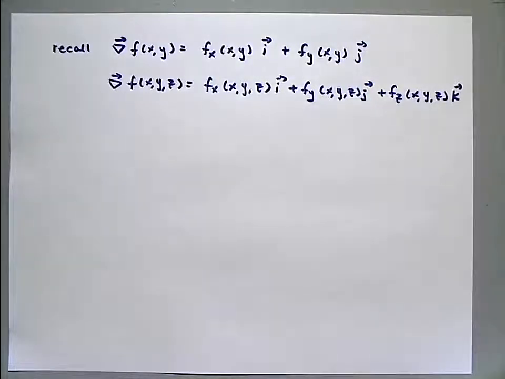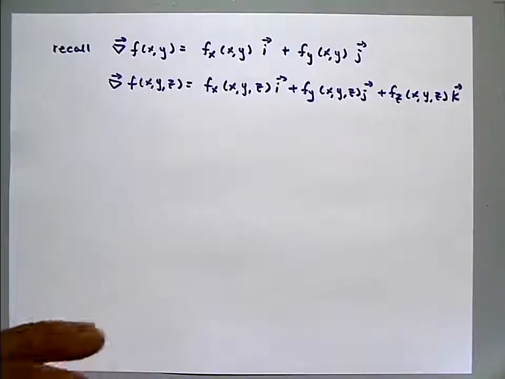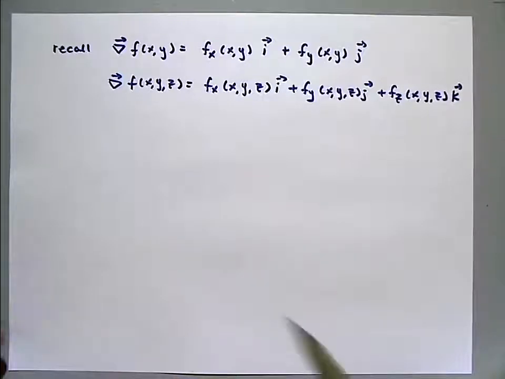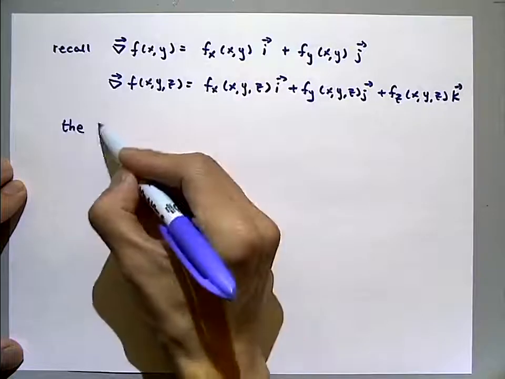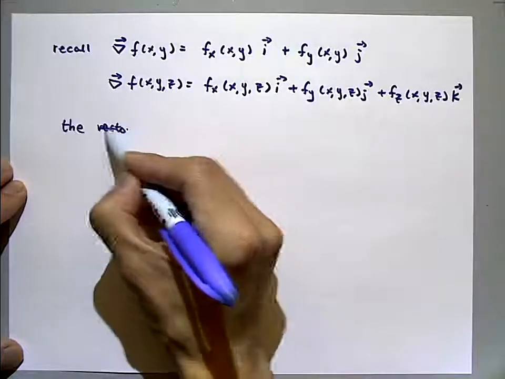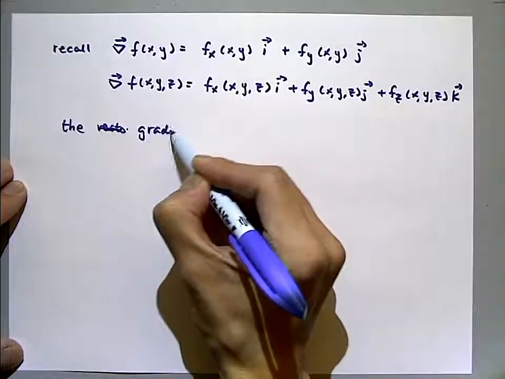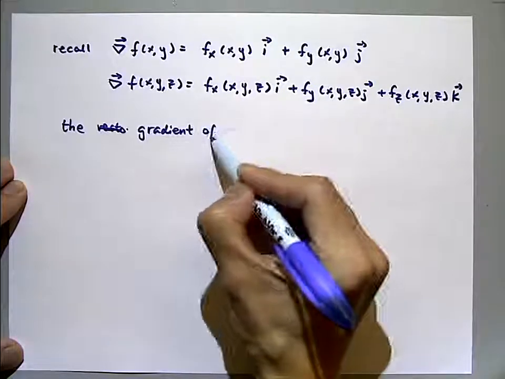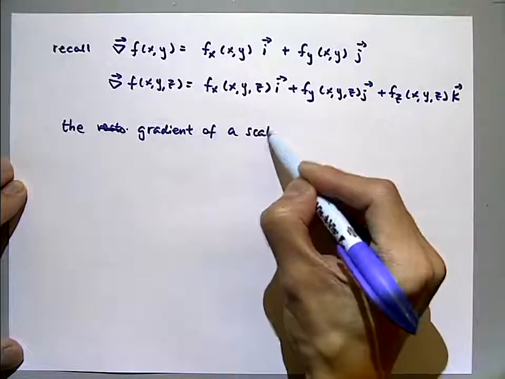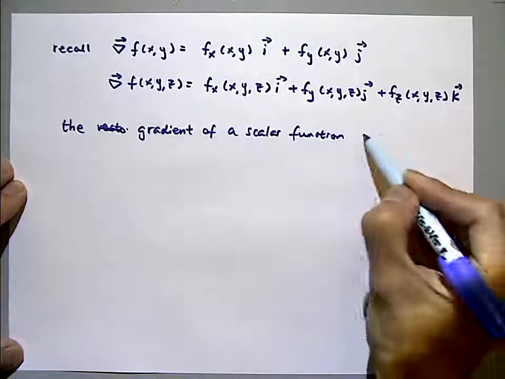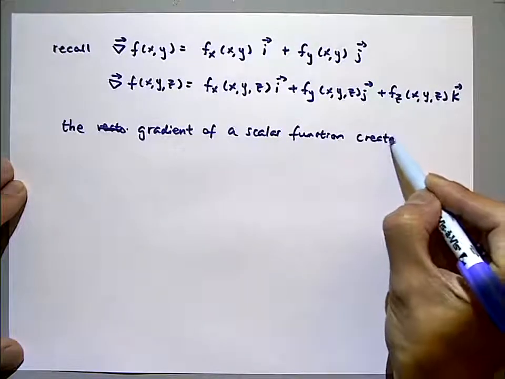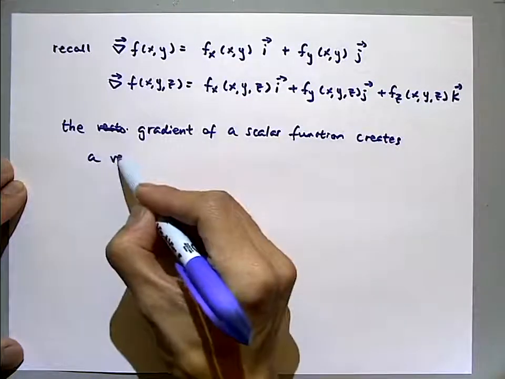So what this means is that every time we take a gradient of something, we are, in essence, creating a vector field. And we call this the vector gradient field. So the gradient of a scalar function creates a vector field.